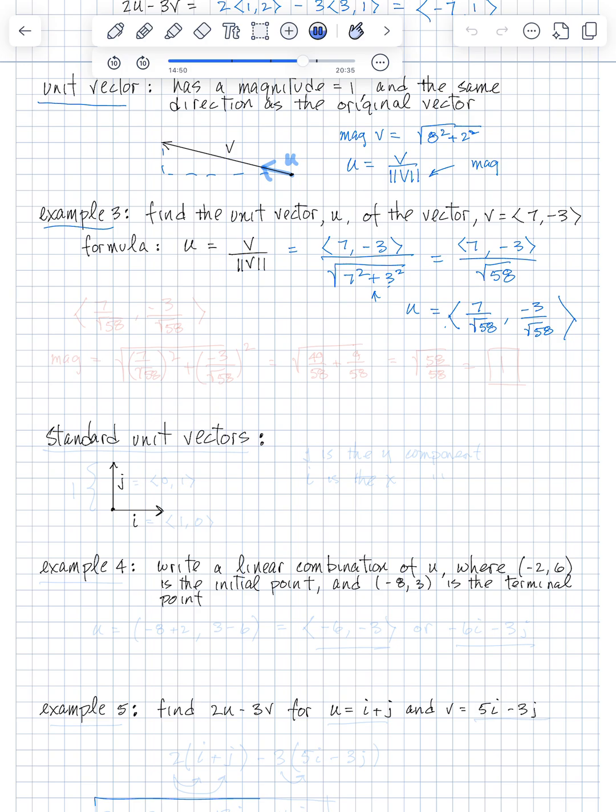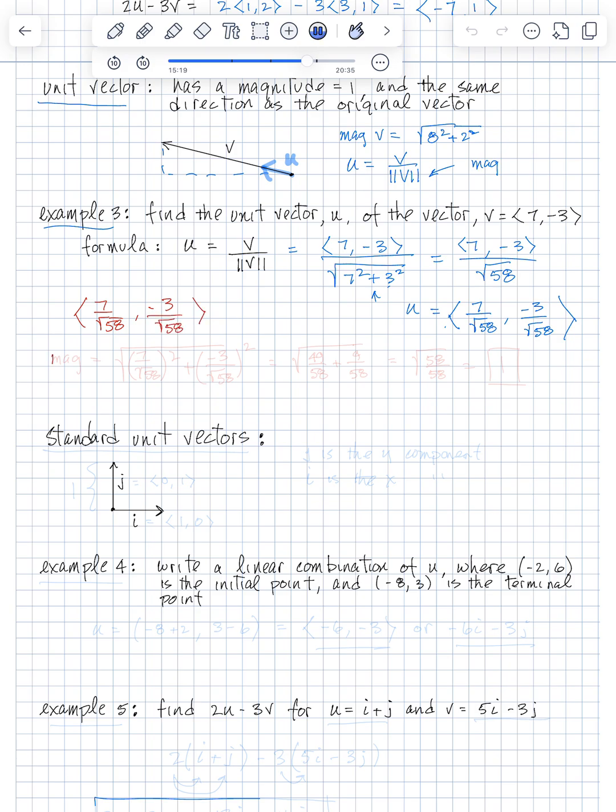So let's just see if the magnitude is 1. I'll work over here on the left-hand side in red. So we have 7 over square root of 58 and negative 3 over square root of 58. We want to find the magnitude of that.